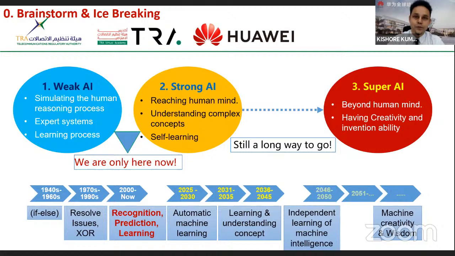The term artificial intelligence was coined in the year 1956 in a seminar by John McCarthy. At that time, scientists wanted to give machines, the computers, the capability of showing human-like behavior.